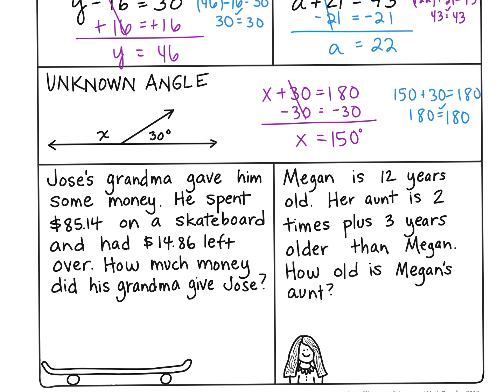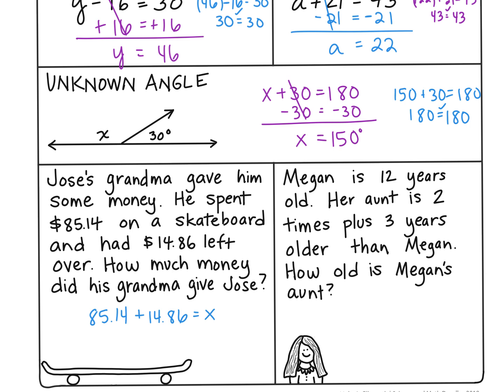So it's going to look like this. He spent $85.14, but he had $14.86 left over. So how much did he get to begin with? That's what I'm looking for, X.